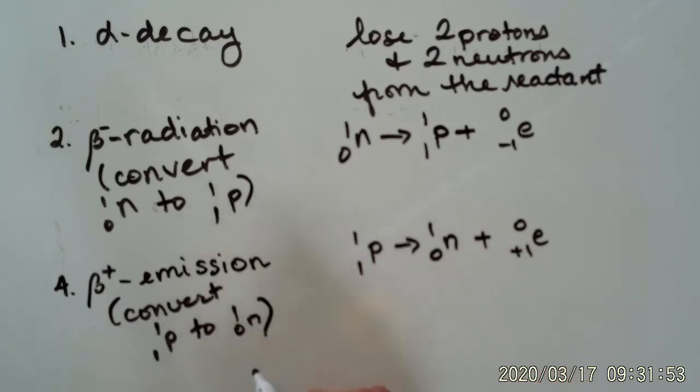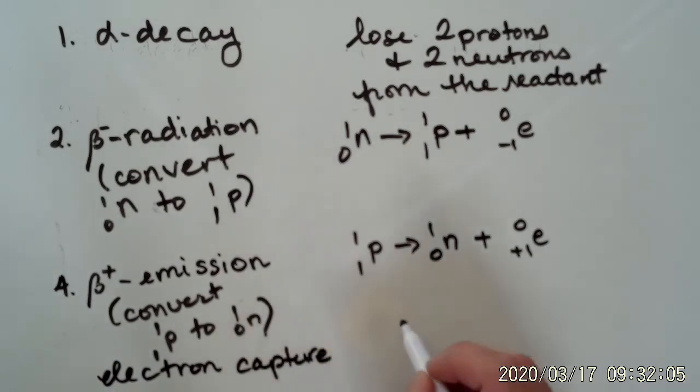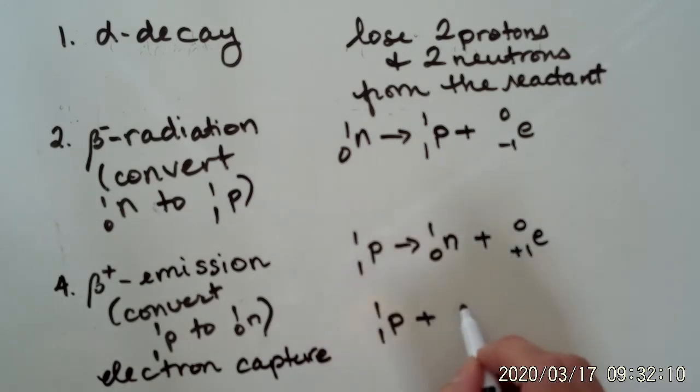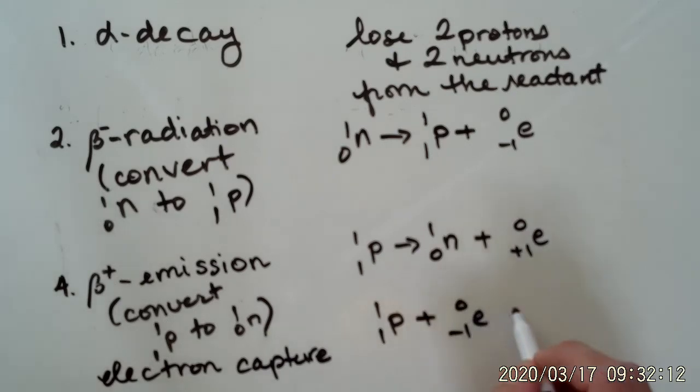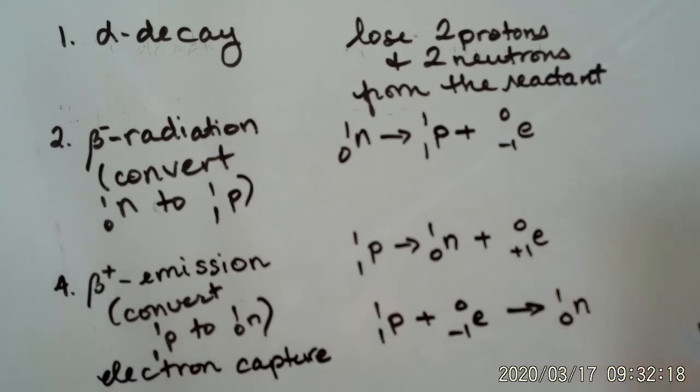Let's also talk about electron capture as well. So if I do electron capture, it's the same thing, right? I take a proton, I capture an electron, and what I get is a neutron.